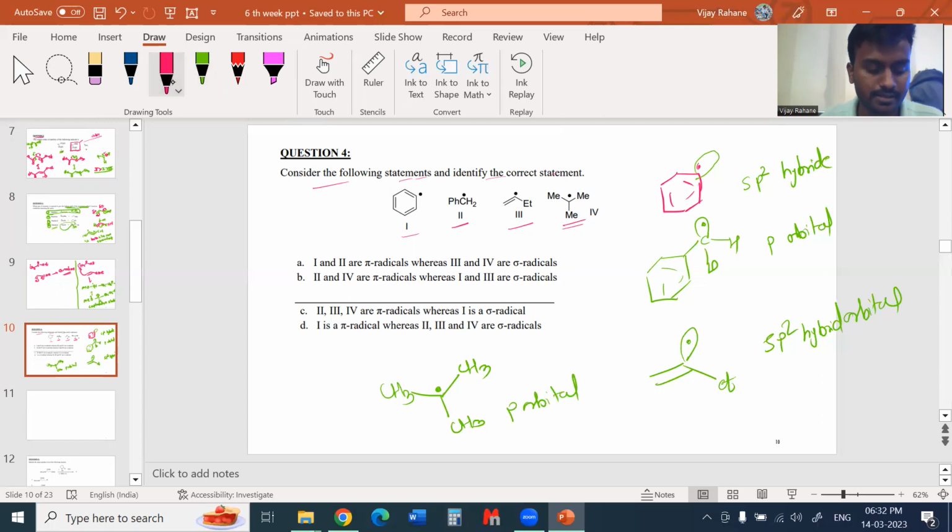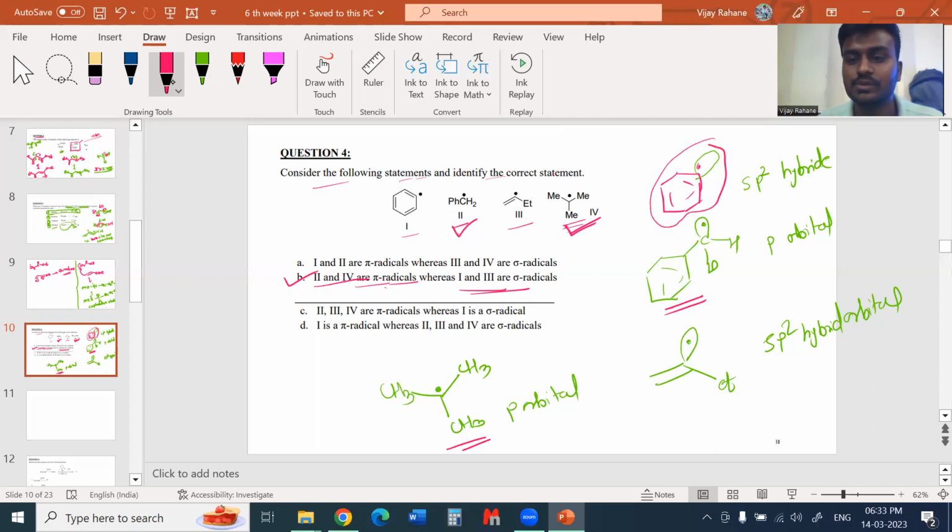So clearly you can neglect the other options. Only 2 and 4 have the unpaired electron in a p orbital, so they are pi radicals. So option B is the correct one: 2 and 4 are the pi radicals, whereas 1 and 3 are sigma radicals, because this one clearly lies in the sp2 hybrid orbital.